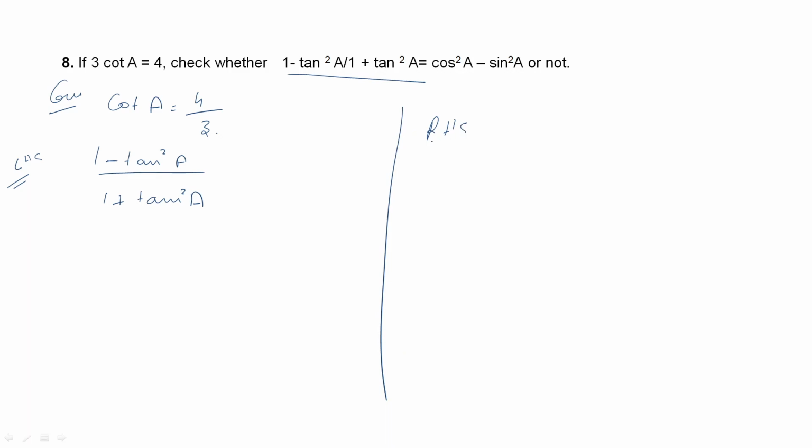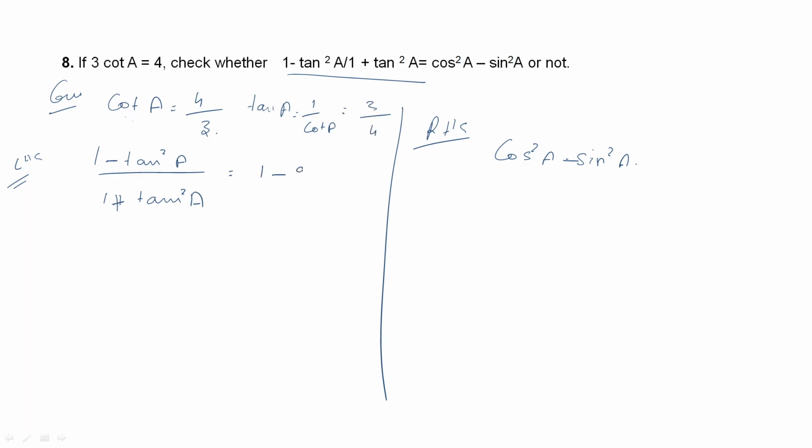And the right hand side is cos square A minus sin square A. Now, what is tan A? If cot A is 4 by 3, tan A is 1 by cot A, so it will become 3 by 4.